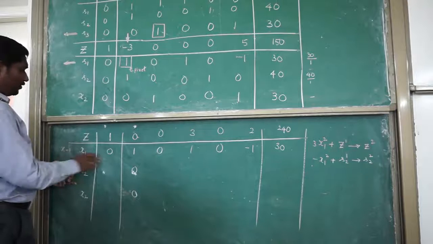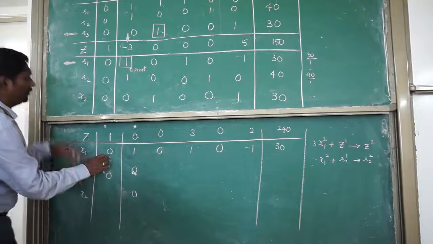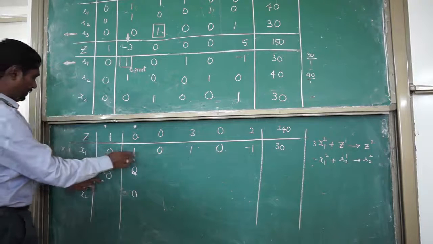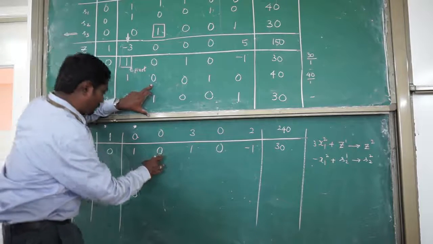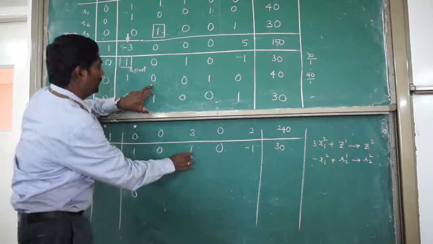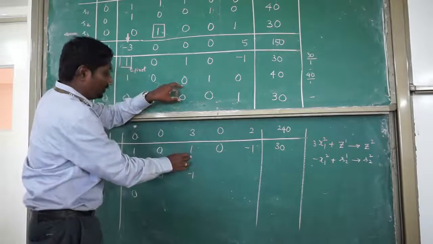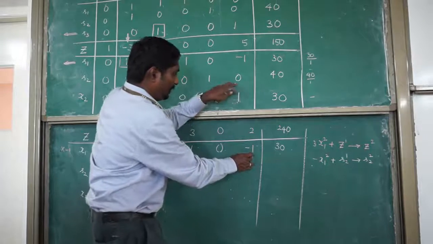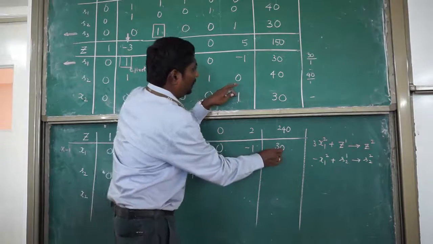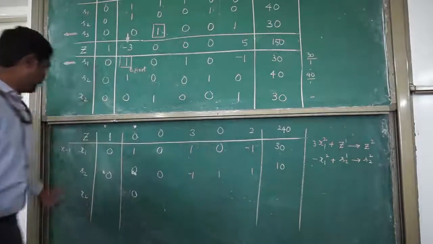So we multiply this by minus 1, add to this, and repeat across the row. We get minus 1. Multiply this by minus 1 is minus 1 plus 0 is minus 1. Multiply this by minus 1, you get plus 1 plus 0 is plus 1. Multiply this by minus 1, add to this, you get 10. This is for the S2 row.